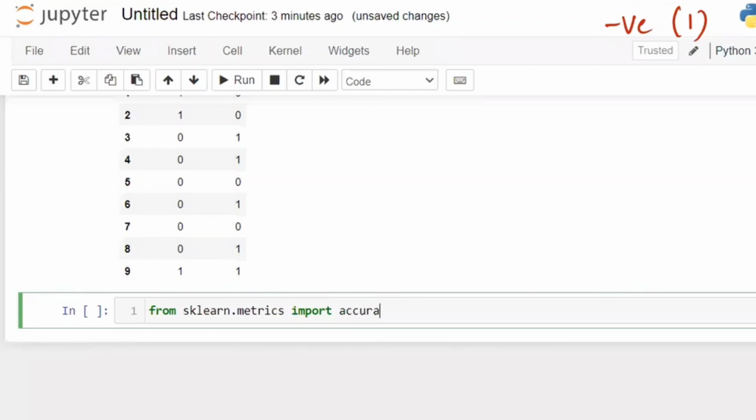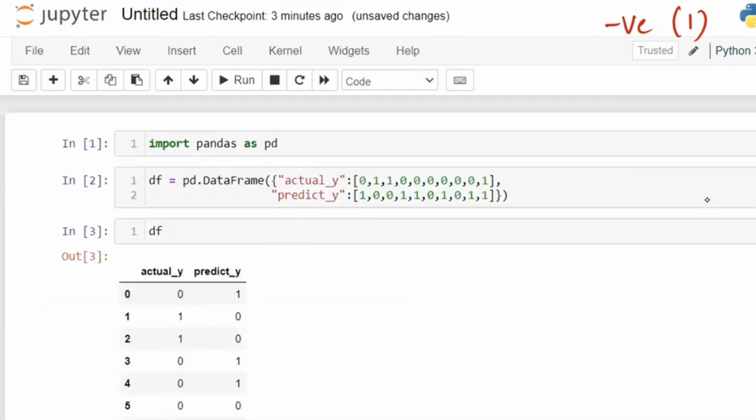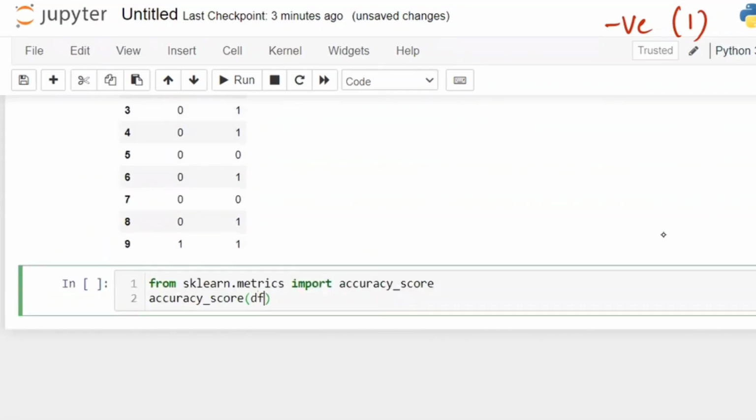The first one is accuracy score. accuracy_score of the first variable, that is df of actual_y, comma, df of predicted_y.